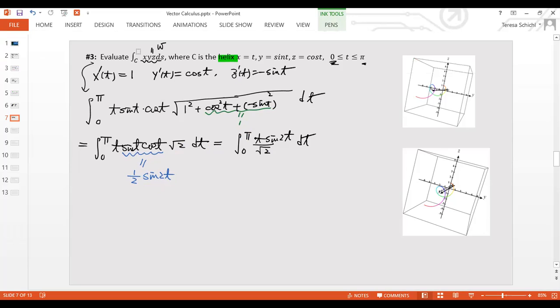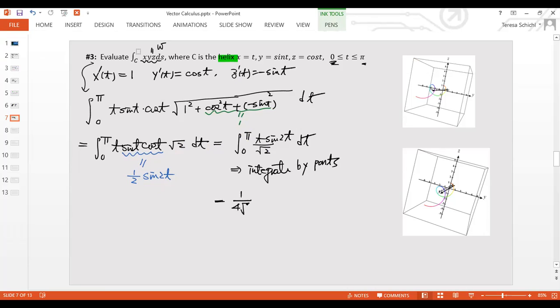Now here you have a t, so you can integrate by parts, and you can get the answer here.